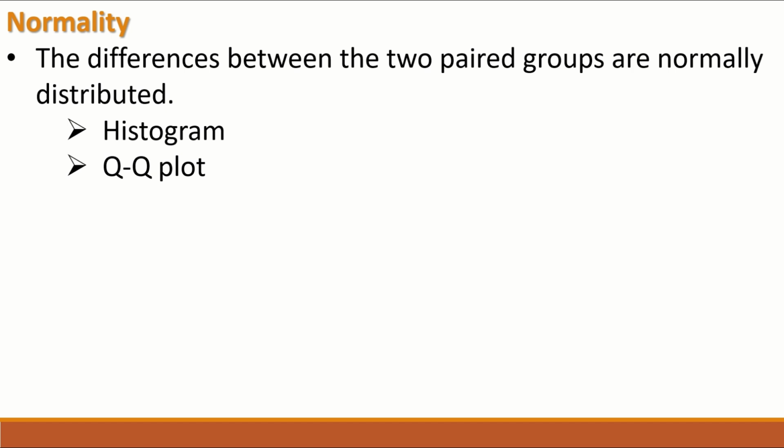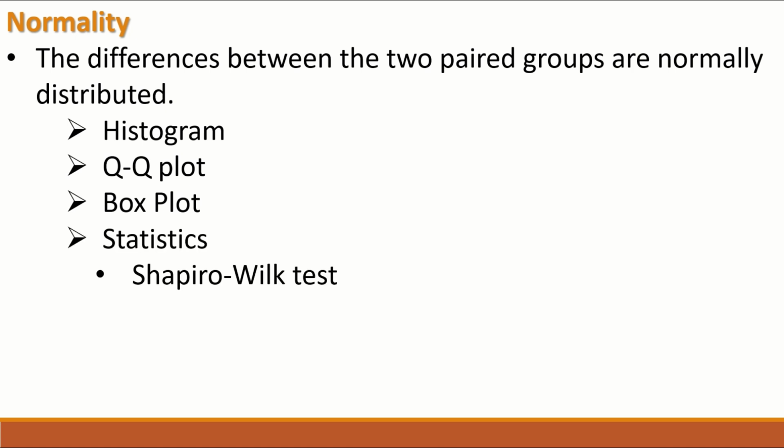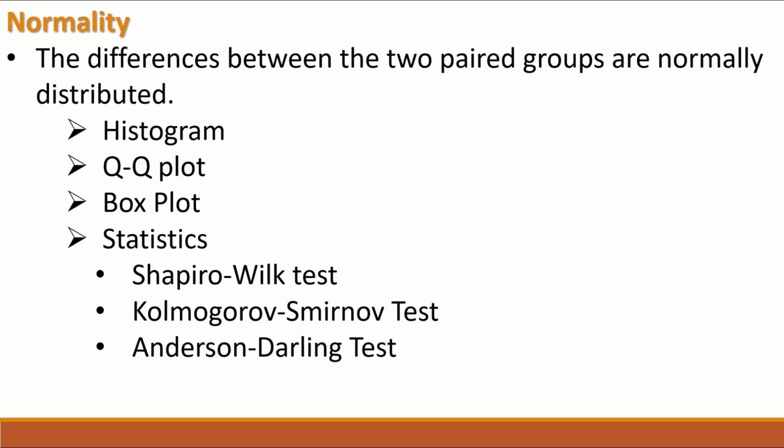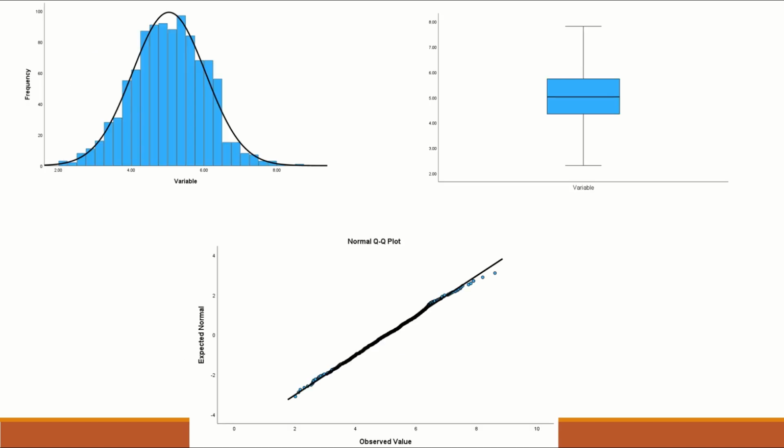The way to check normality is to draw a histogram, a QQ plot, or a box plot, or to perform a statistical test such as the Shapiro-Wilk test, Kolmogorov-Smirnov test, Anderson-Darling test, and other tests.